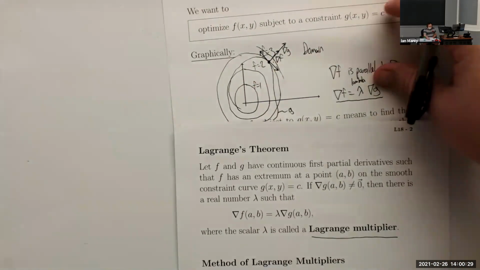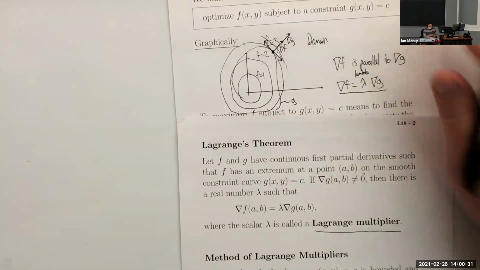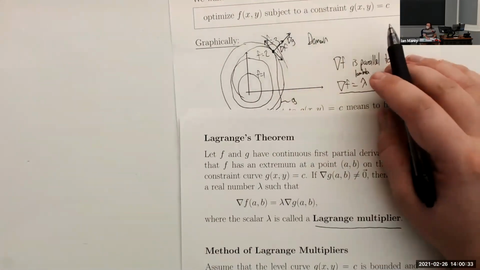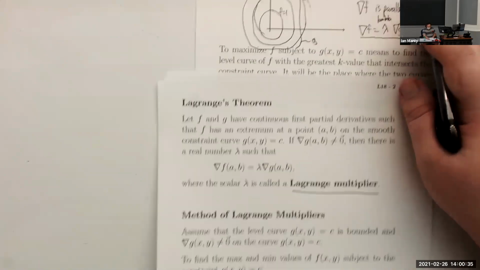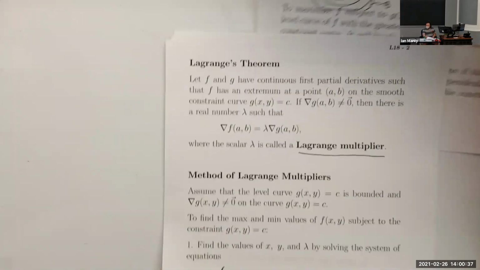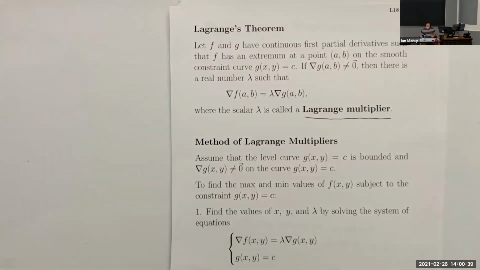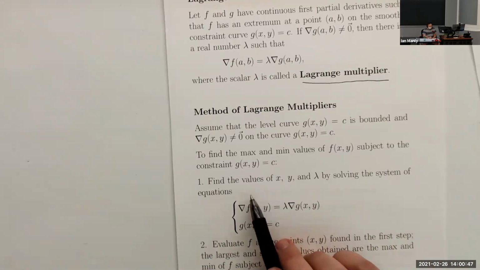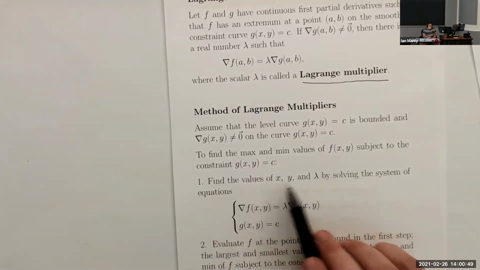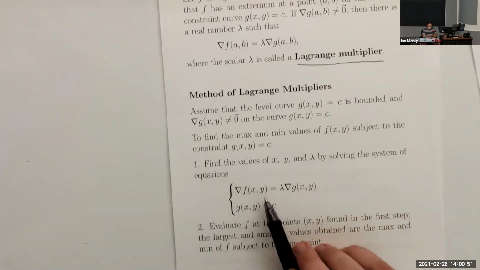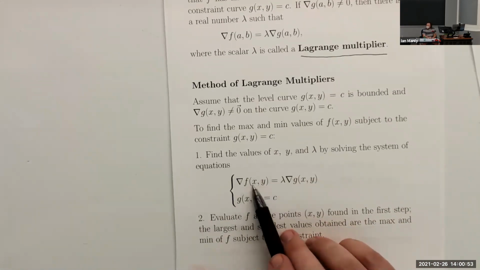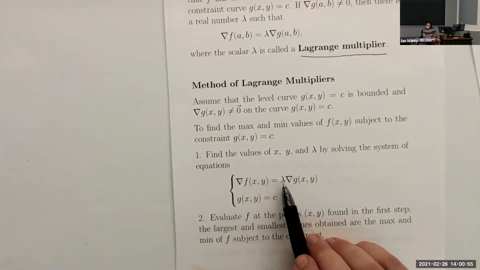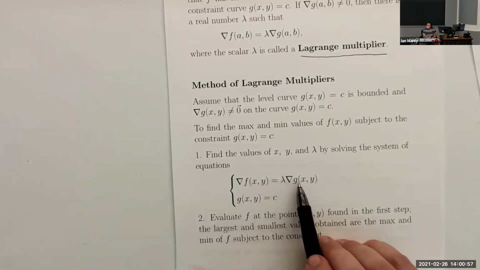Okay, that's a nice theorem and all, and I guess it kind of makes sense based on this picture, but how do we actually use this in reality to optimize things? Well, what we're going to do is the following. We're going to set up a system of equations for x, y, and lambda. The system of equations is going to be the gradient of f equaling lambda times the gradient of g.